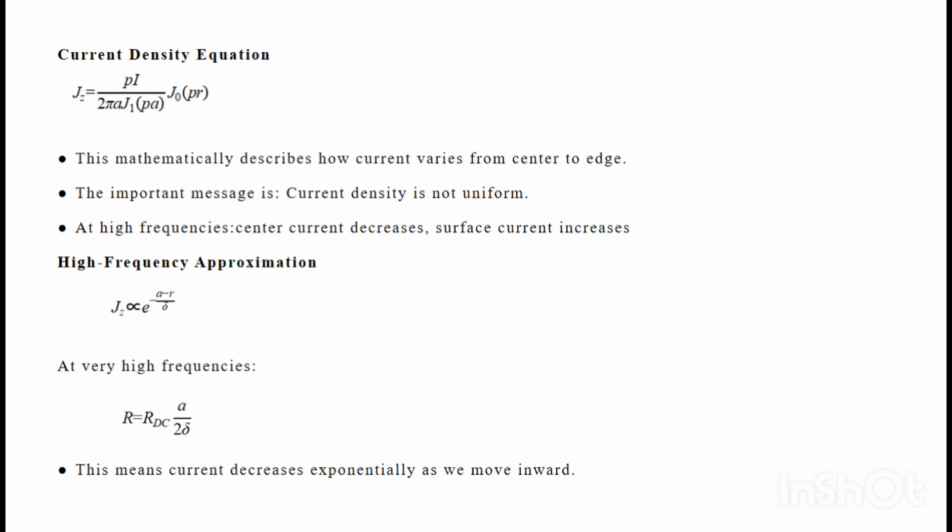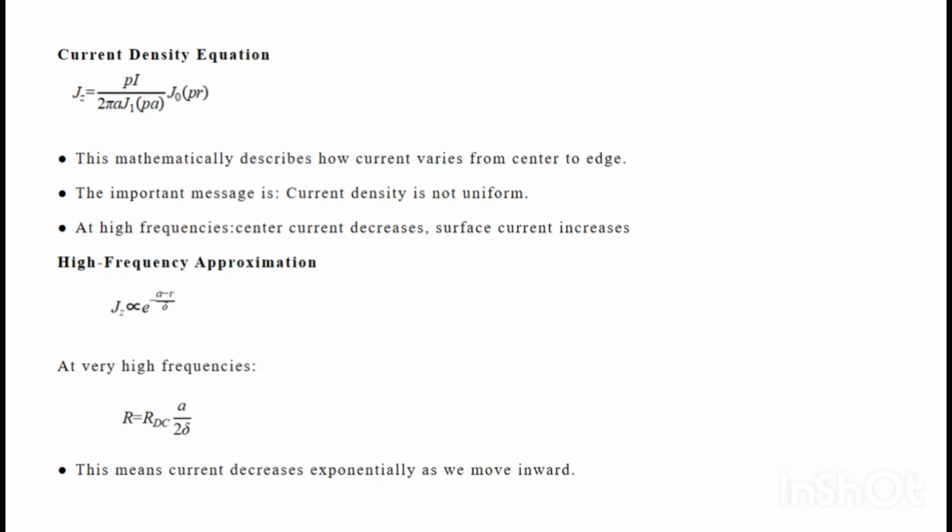P is the propagation constant inside the conductor, which mainly depends on the permeability and the permittivity of the conductor, and also omega, which is the frequency. I is the current flowing within the conductor, so we can also call it the total AC current flowing within the wire.